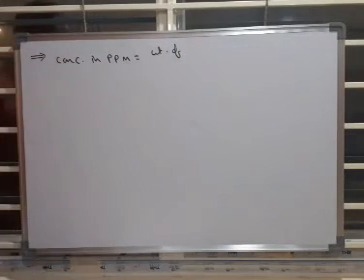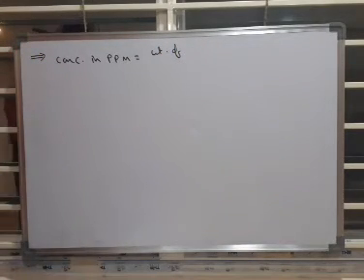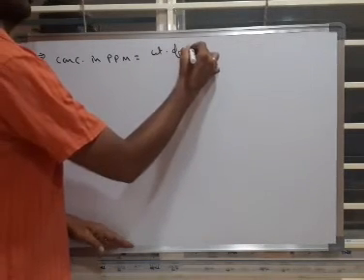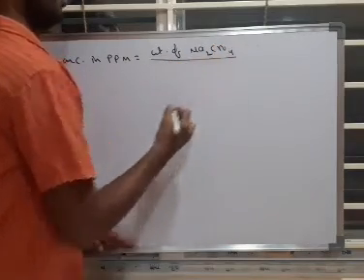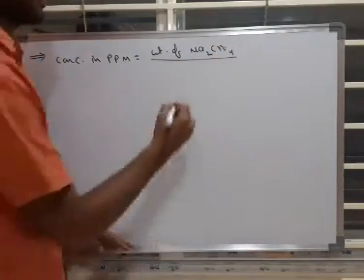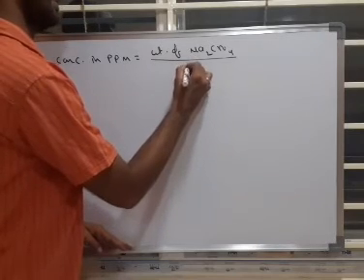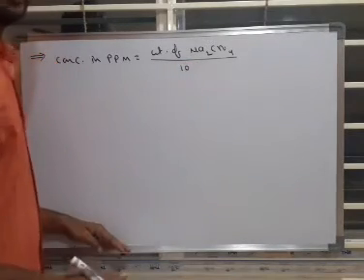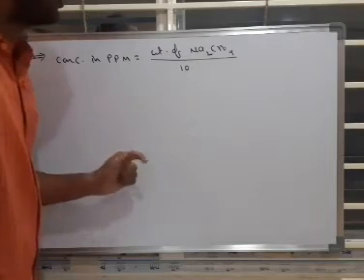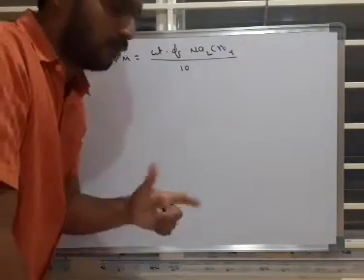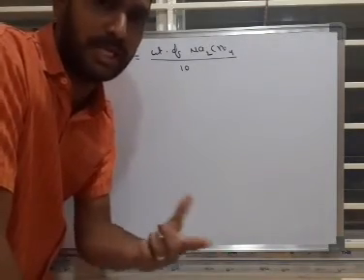weight of sodium chromate by the total volume. It is 10 liters. So it is given as 10 liters, but we got the molarity for 1 liter.